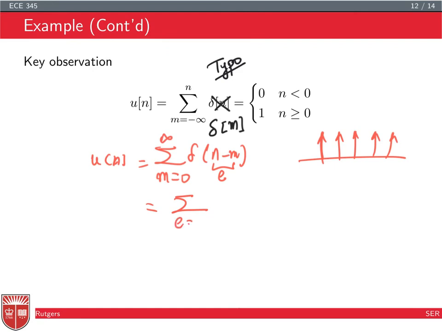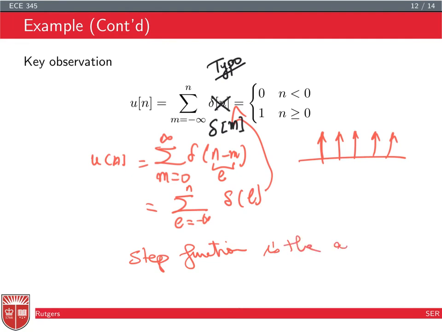So this equals the sum from L equal minus infinity to n of delta of L. So the main takeaway message is that the step function is the accumulator of the impulse, or the integral of the impulse function.